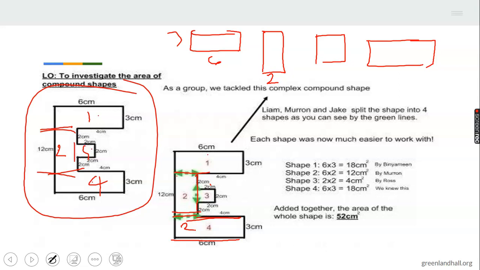Now, look at. To find this side, the whole of this place is 12. From here to here is 12. You can see, but here is 3, here is 3, here is 2. 3 plus 2, 5 plus 3, that is 8.